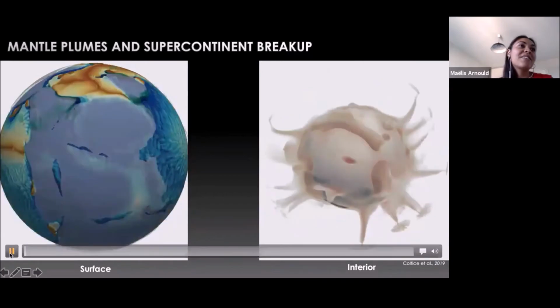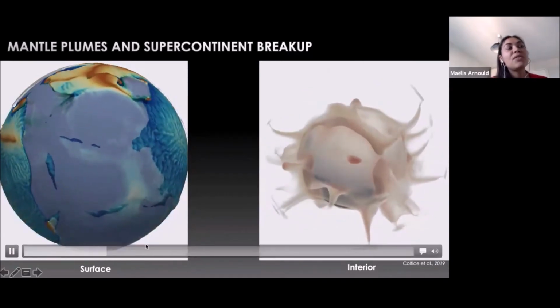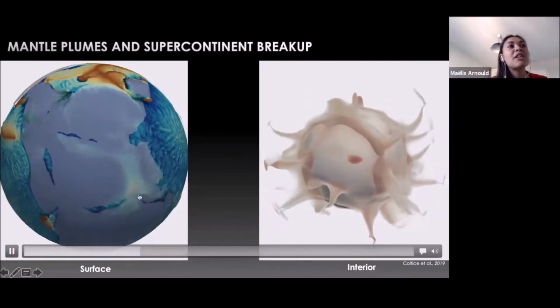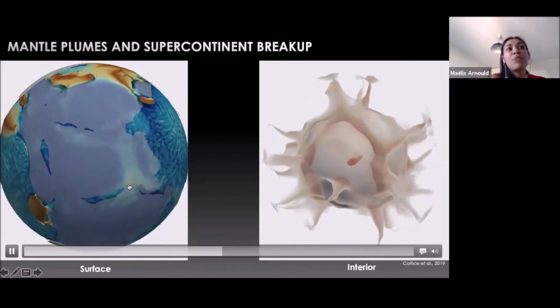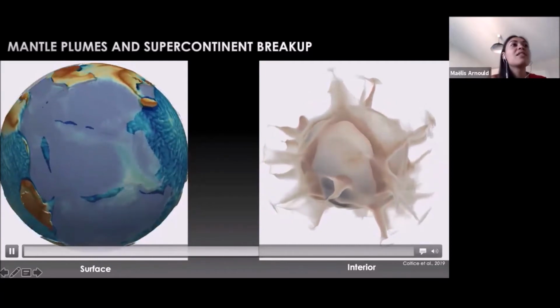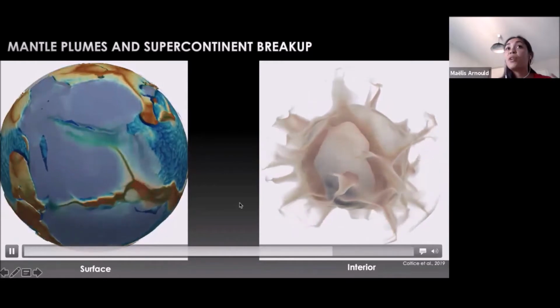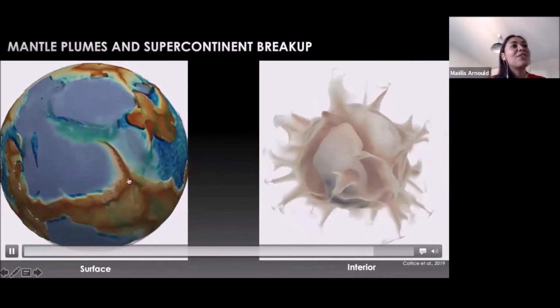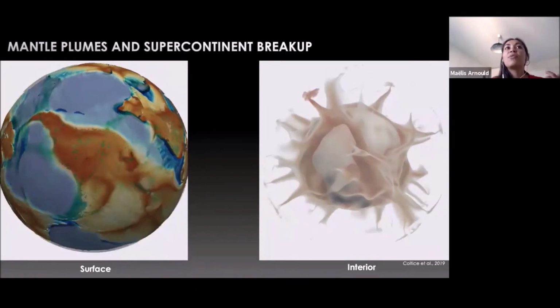If I play it again and we focus on what's below the lithosphere, you can see that where the supercontinent will break up and rifting will propagate, you have mantle plumes below that pre-exist the breakup. What they seem to do is thermally erode the continental lithosphere so that it's thinner and more able to break.